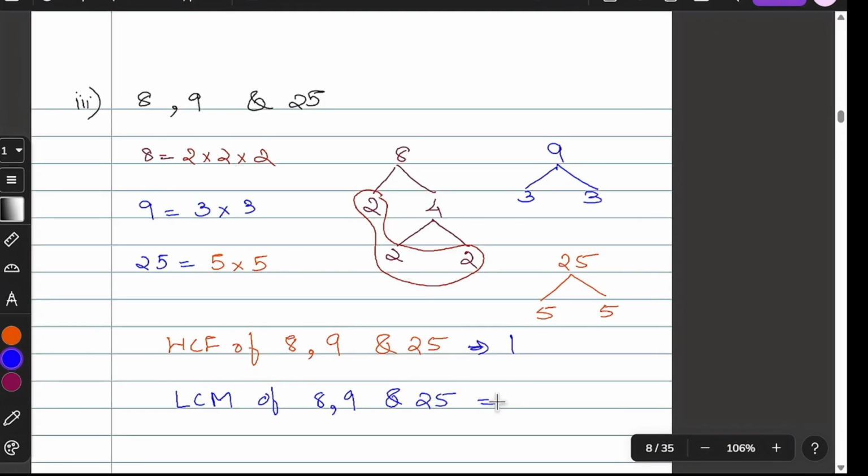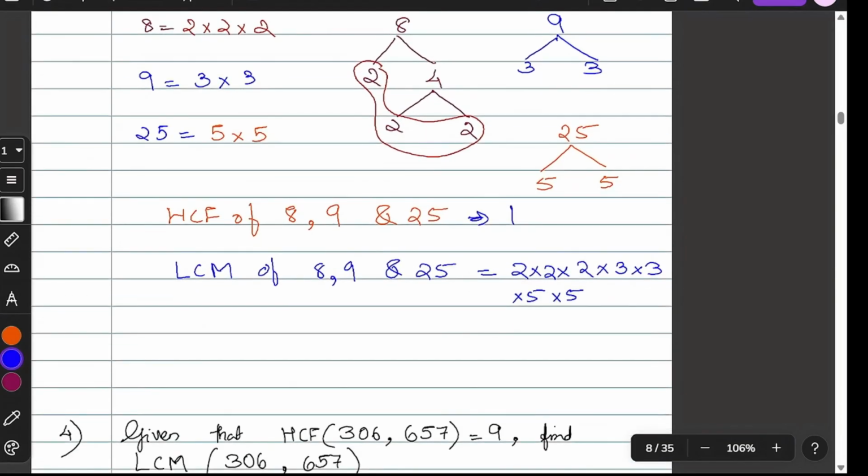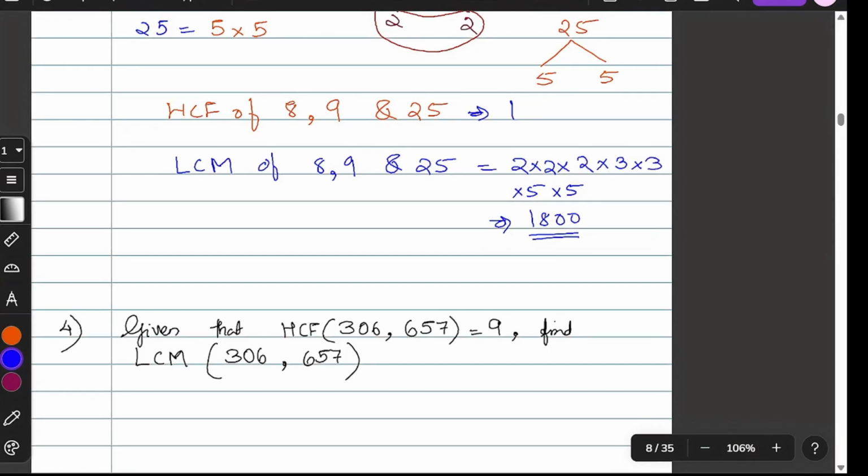It is equal to 2 into 2 into 2 into 3 into 3 into 5 into 5. What's the total value? This is going to be 1800. Okay. Till here, is it clear for you all?